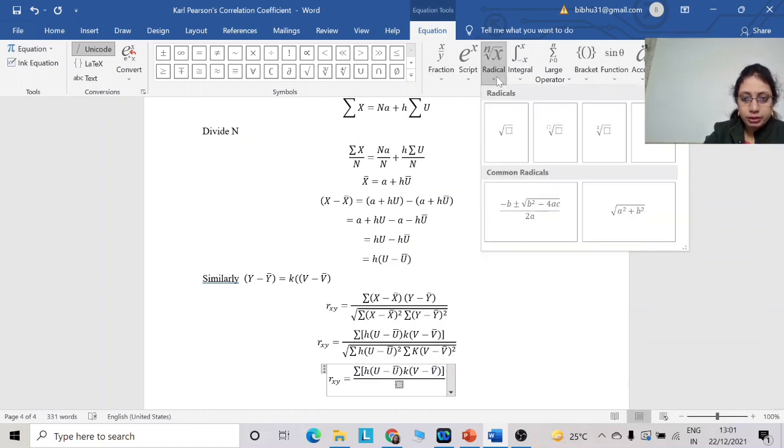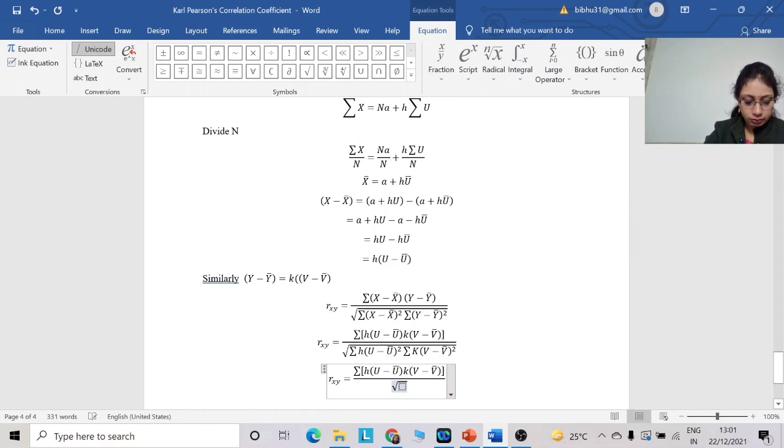So in bracket you have to give summation. So this is the square, the summation.